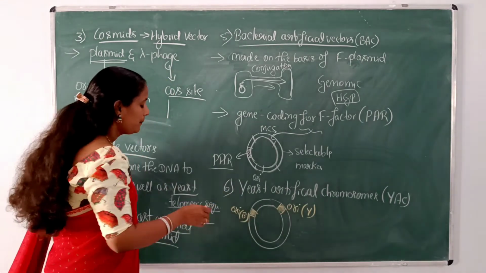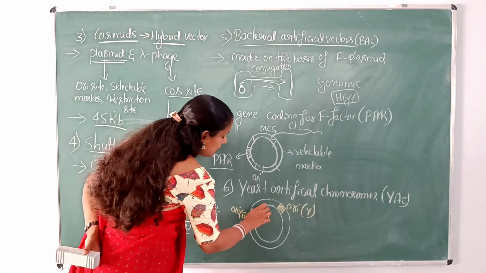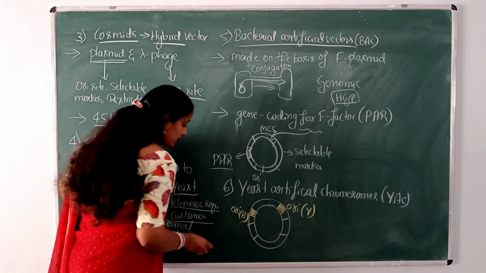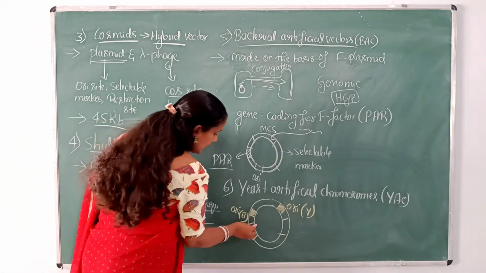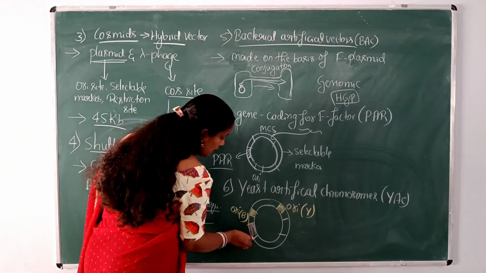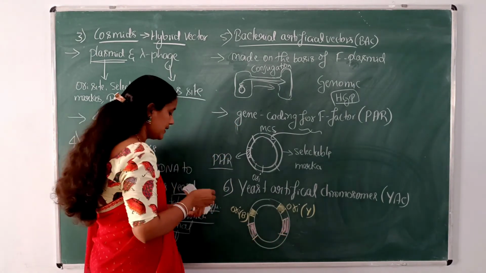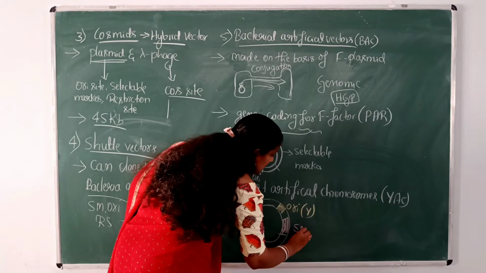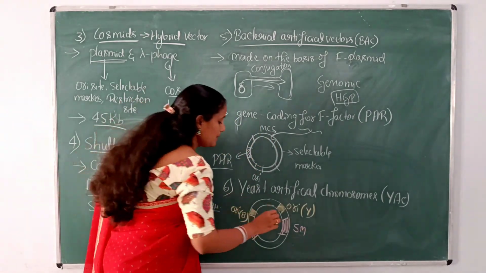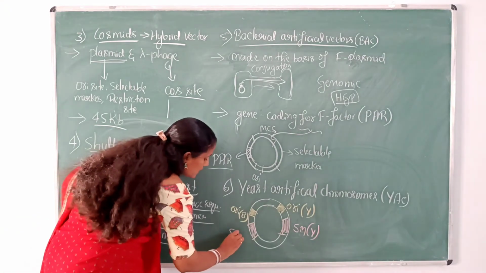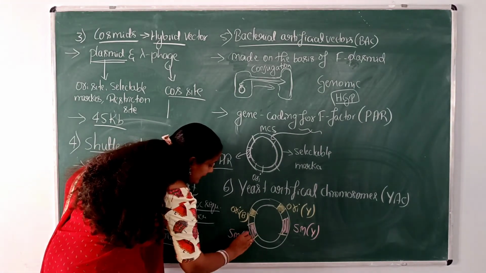Okay, and also it has two types of selectable markers, one for bacteria and one for yeast. Here it refers to selectable markers: a selectable marker for yeast and a selectable marker for bacteria.